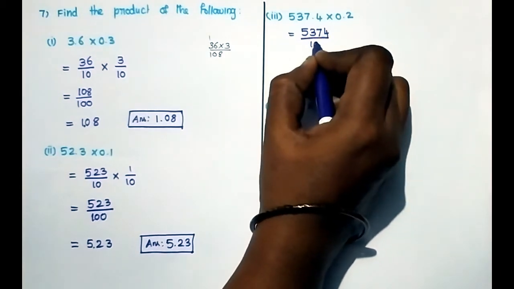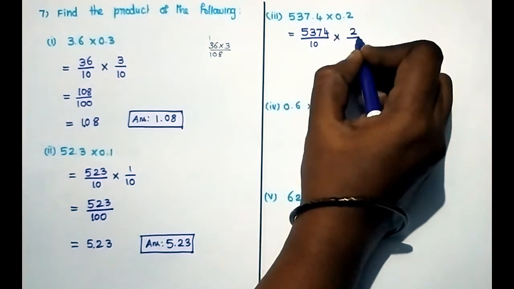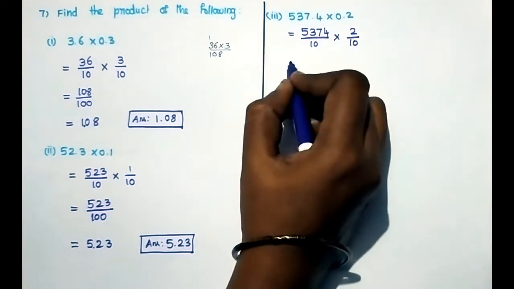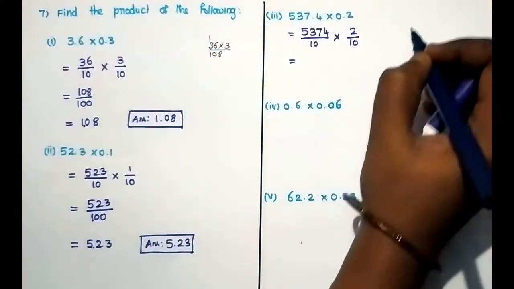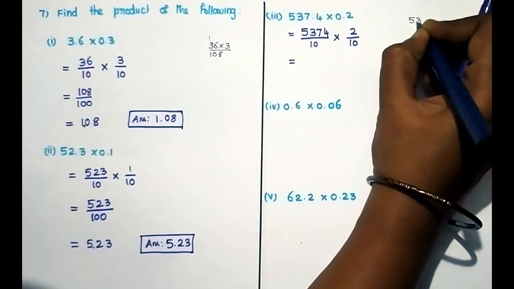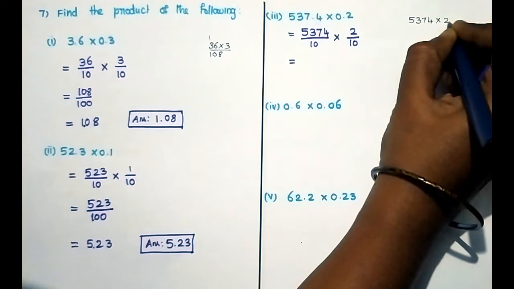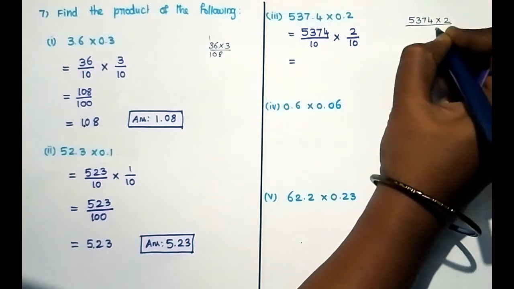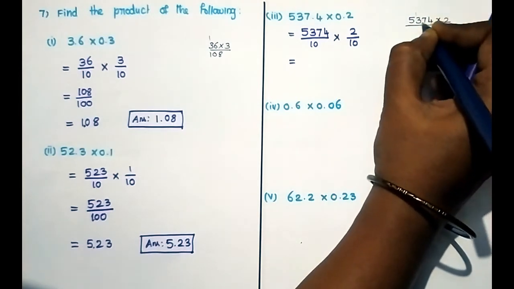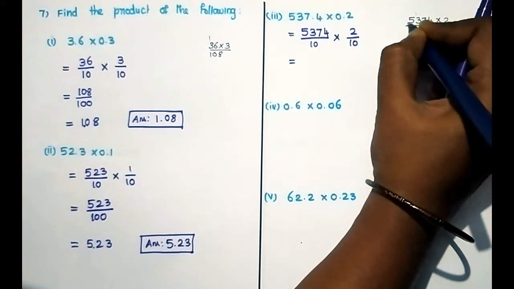5374 divided by 10 into 2 by 10. Now multiply these numbers. 5374 into 2. 4 2s are 8, 7 2s are 14, carry over 1, 3 2s are 6 plus 1 is 7, 5 2s are 10.